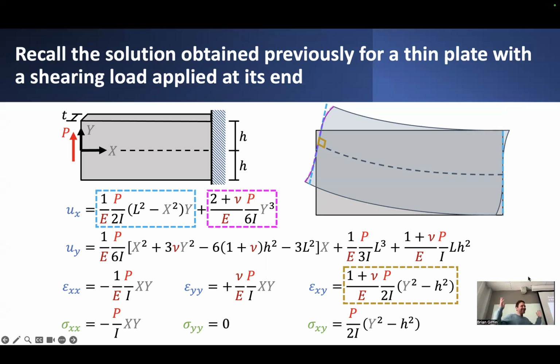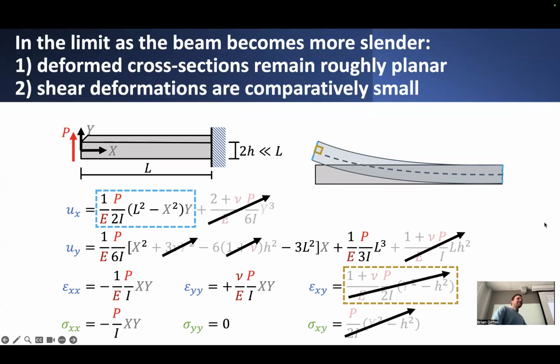So on both counts, we don't satisfy these conditions of classical beam theory. However, we can still do some interesting investigations and examine what happens if we were to shrink this tangential dimension or this depth dimension h such that it becomes smaller and smaller.